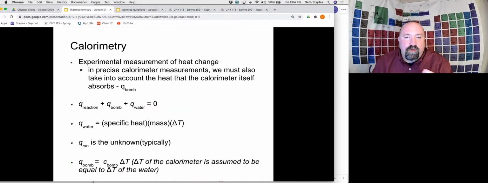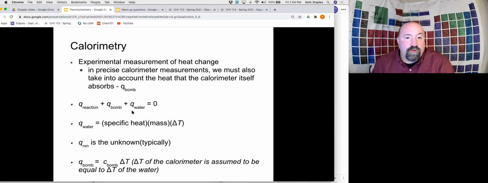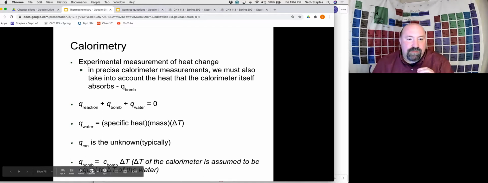And so our heat of the reaction is going to give off heat, which both the bomb and the water are going to absorb. And so we need to take that into account too. For questions like this, we also have to calculate the heat of the bomb.